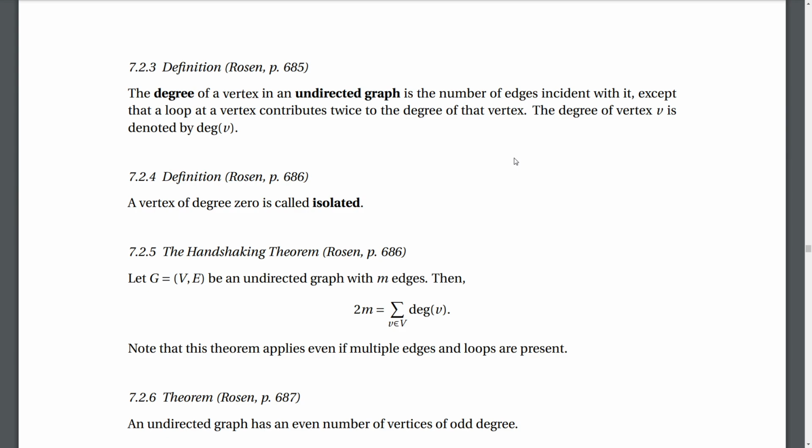Every loop adds a degree of 2, but every other edge that is non-loopy, an edge that goes somewhere else, contributes 2 total degrees to the graph, one at the source and one at the destination. But it's undirected, right? So there is no source or destination.